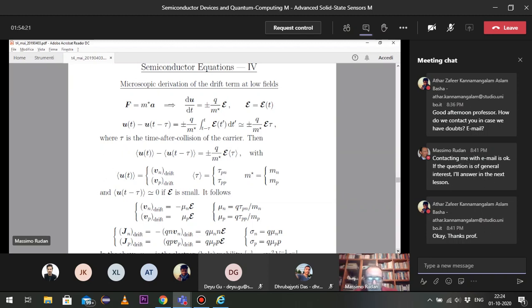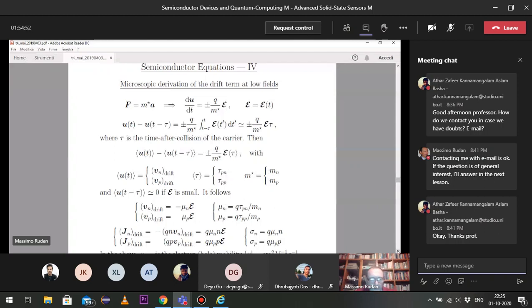At this point, you take the expression u of t minus u of t minus tau, etc., and average this expression over the whole set of electrons of the conduction band. The parentheses with the tip indicate average, not average in time. It's a statistical average, average over all particles.